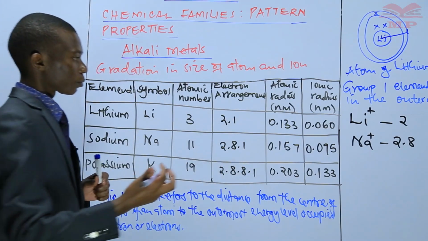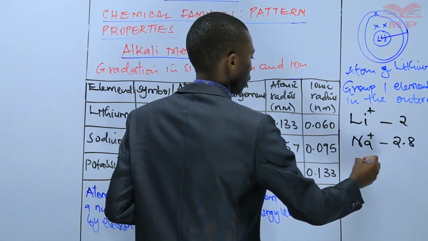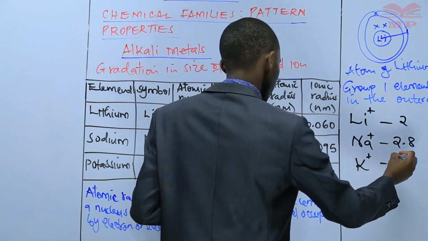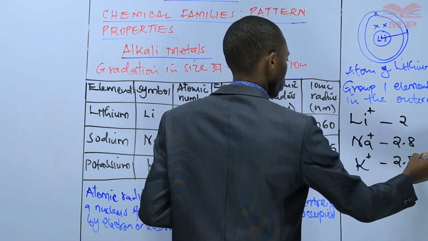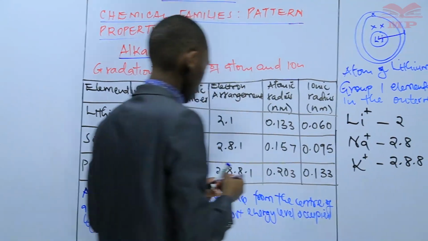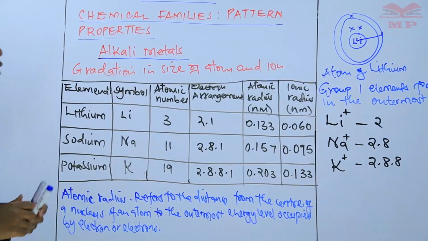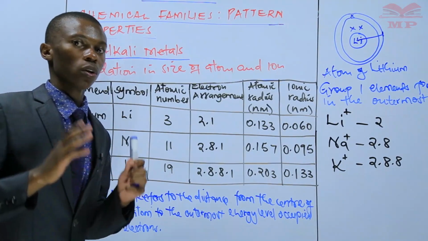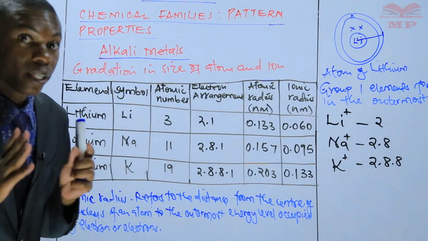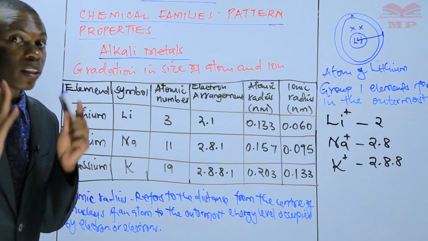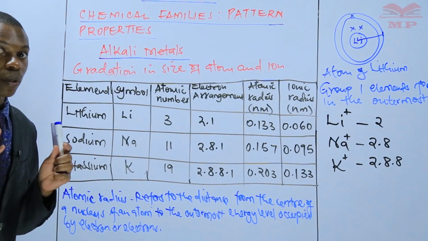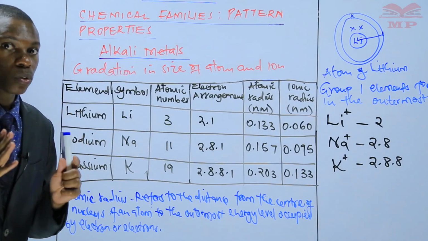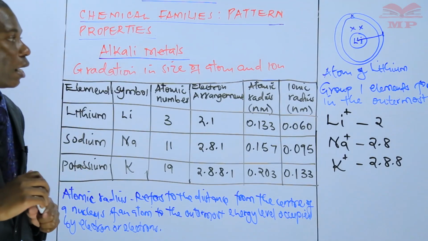For potassium, it will be a potassium ion, and once it loses 1, the configuration will be 2, 8, 8. So those are the electron configurations of ions of group 1 elements when they form ions, by losing 1 electron from the outermost energy level.